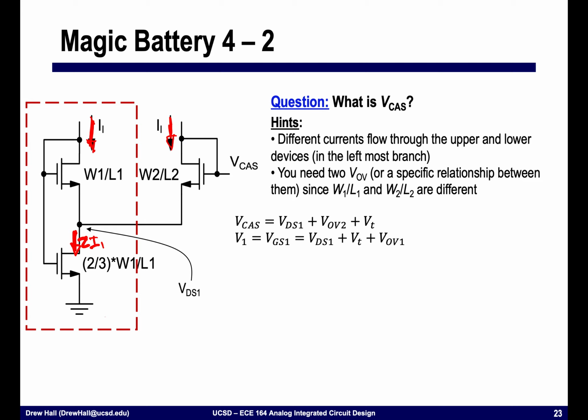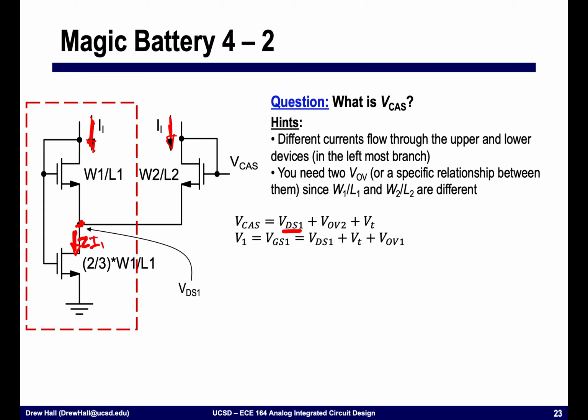All right, so this VDS1 voltage, this voltage right here, we can use the previous expression that we had solved for VB a couple of slides ago, and we know that VCAS is equal to this voltage, VDS, plus VOV2 plus VT.